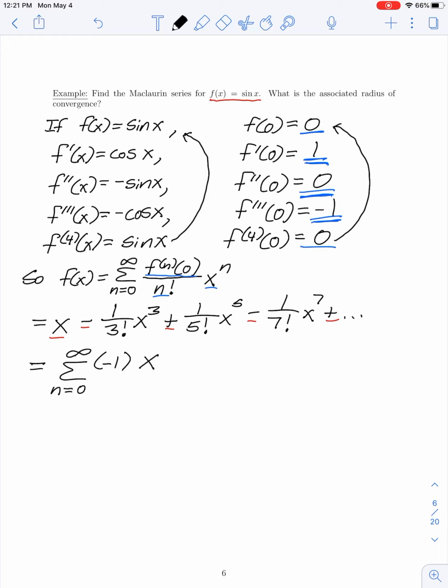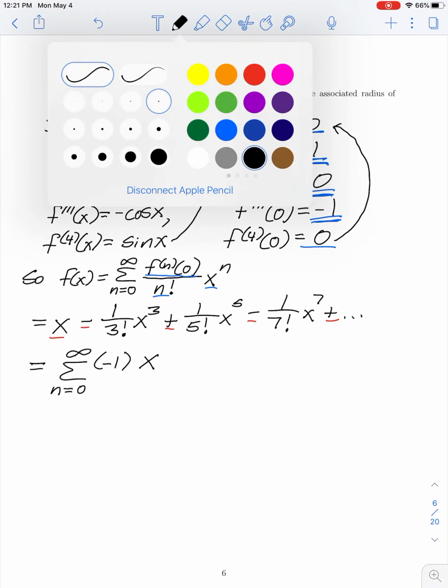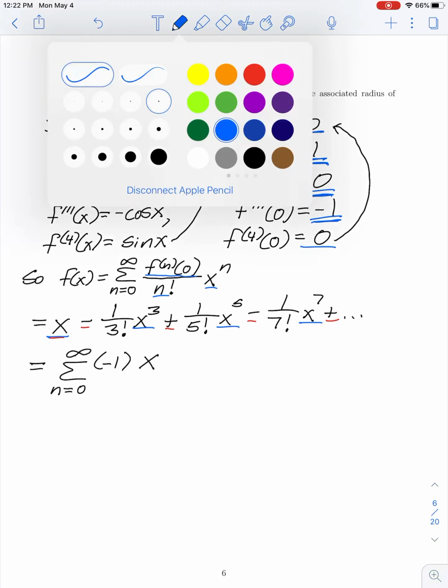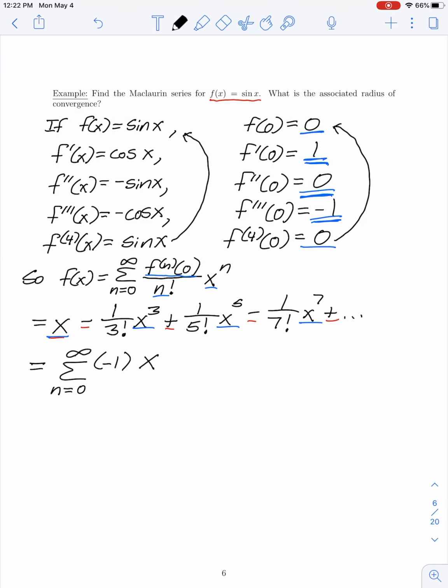So since we only have odd powers of x appearing, that is x to the first, x cubed, x to the fifth, x to the seventh, and so on, well, any odd power of x can be written as x to the 2n plus 1.